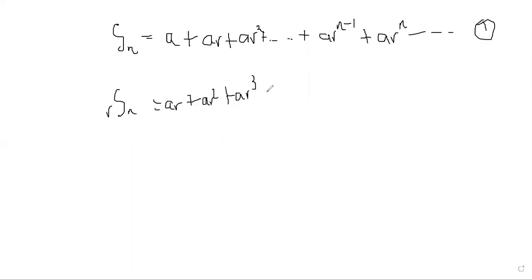I think I made a mistake there. Okay, no, it's fine, guys. If we multiply this one by r, this will be ar to the power of n, and if we multiply this one by r, it will be a.